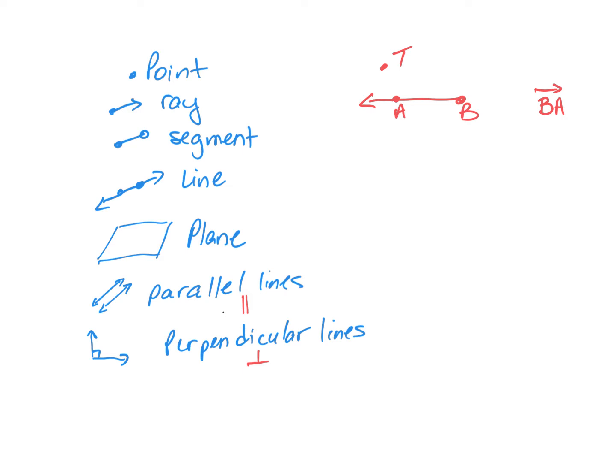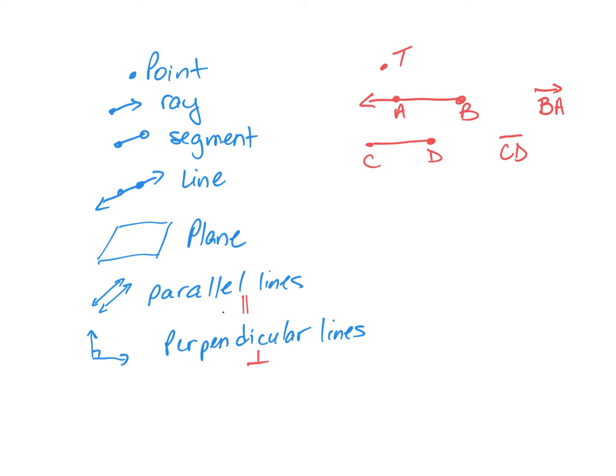So if I have a segment, let's put this as CD. What name can I name the segment? So here you put a line on top, and it's CD. That means it's the segment between C and D. And I can measure a segment because it has a start and a stop.